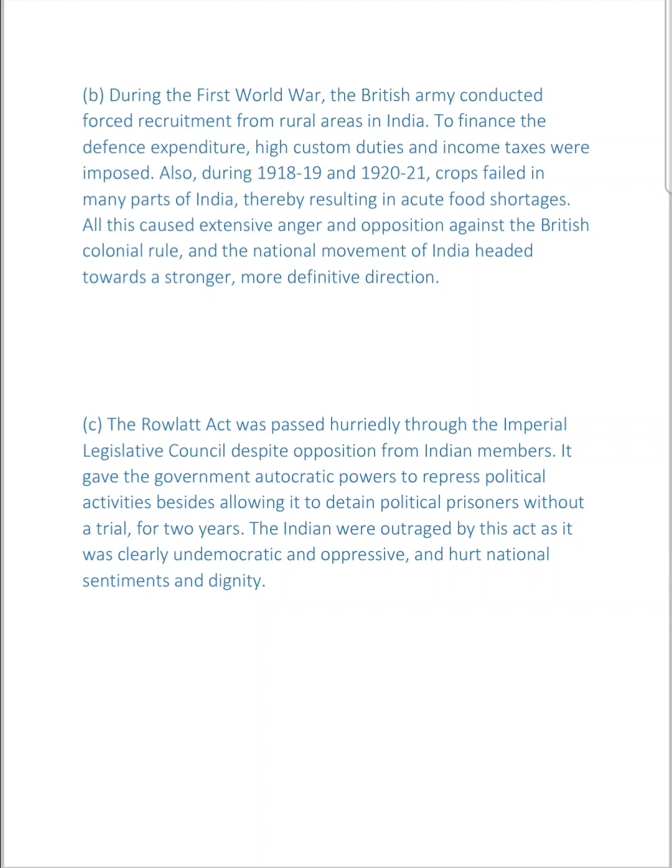It gave the government autocratic powers to repress political activities besides allowing it to detain political prisoners without a trial. For 2 years, the Indians were outraged by this act, as it was clearly undemocratic and oppressive and hurt national sentiments and dignity.